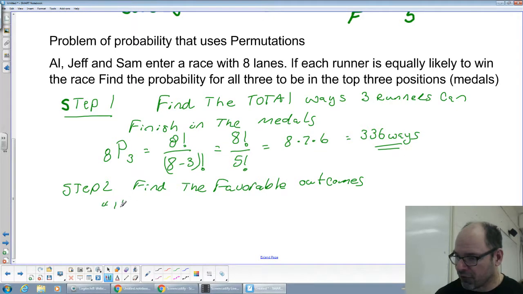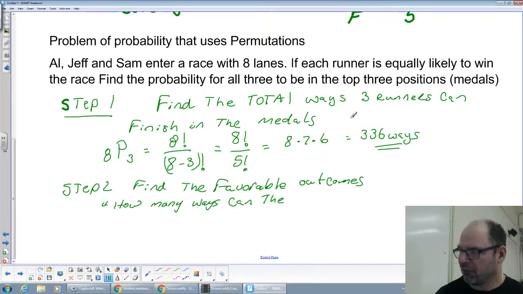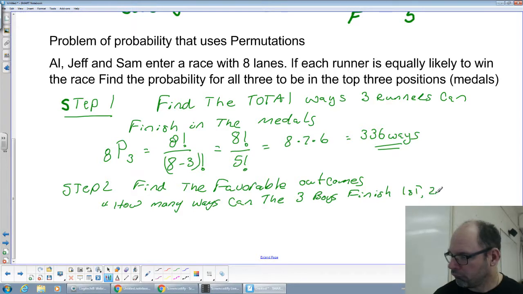That's what you're going to ask us. Not the 3 runners. Okay, so how many ways can we get these 3 boys in? We're going to have to assume the favorable ways assume that they finish in the top 3.